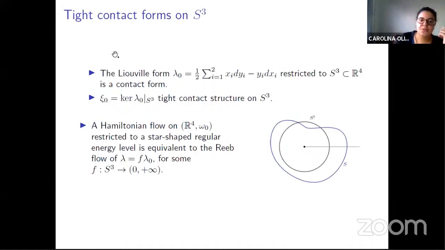And we will consider the tight contact structure on S^3. It is defined as the kernel of the canonical Liouville form, lambda 0.